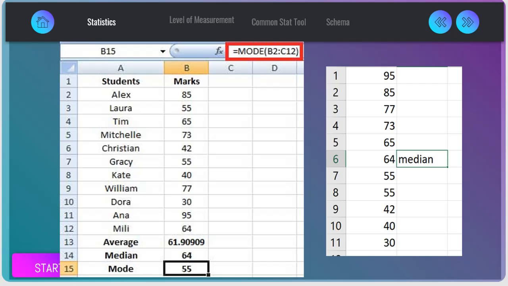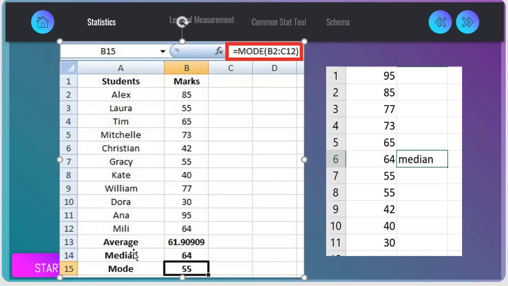I prepared a table so that we can see all 3 measures of central tendency. So the table here represents the students' test scores. The first column shows the names of the students who took the test, and there are 11 of them. And the second column, column B, shows the marks of each student.